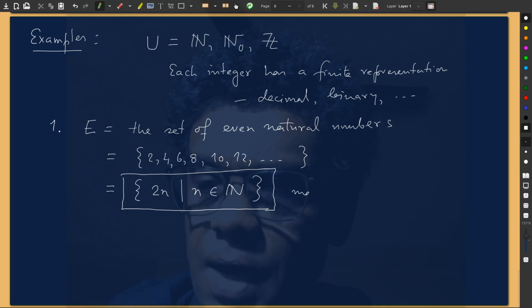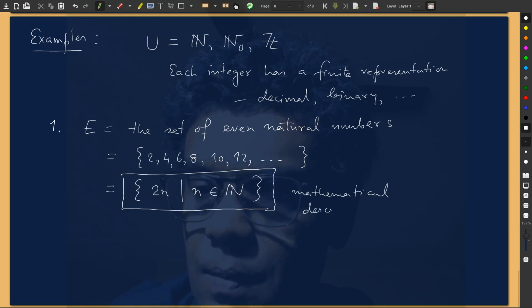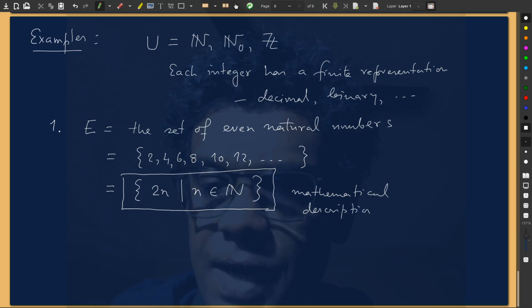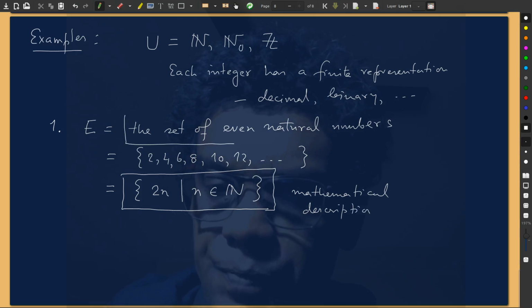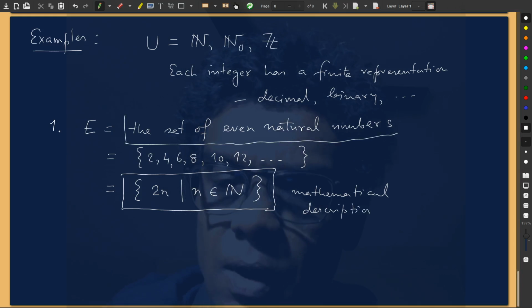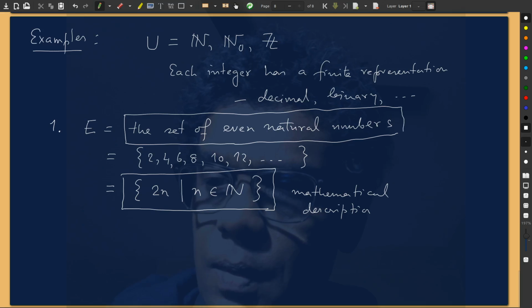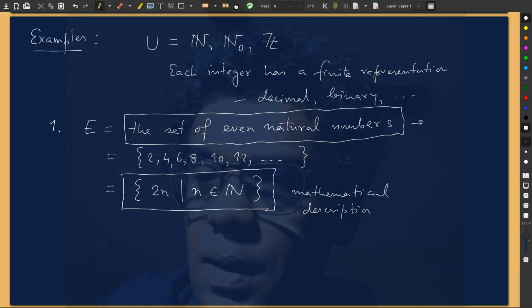So this, I can call it a mathematical description, which fits in this finite amount of space. Whereas this I can call an English language description.